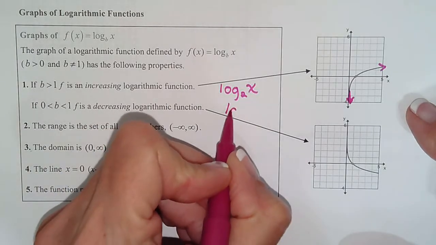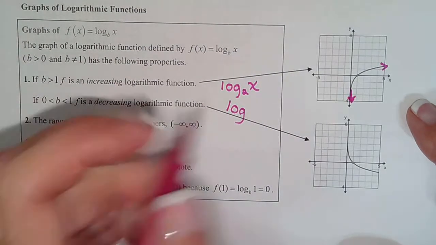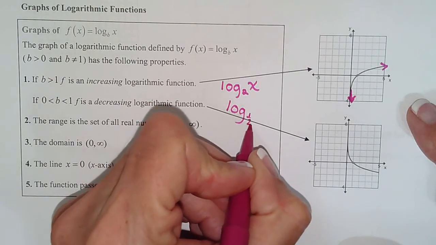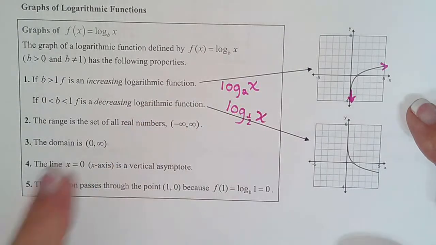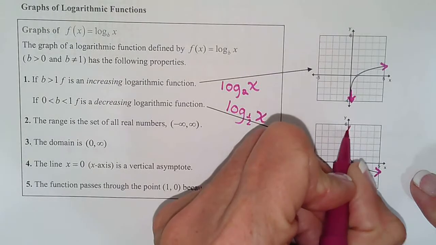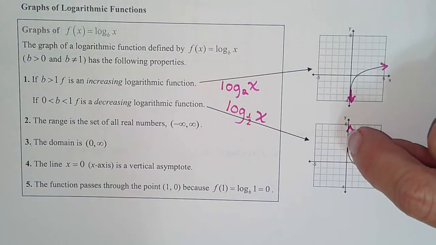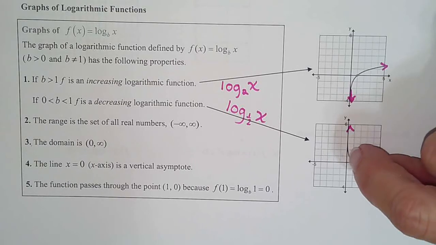Silly me. Okay, so if the base is between 0 and 1, let's say it's a half, then the function is decreasing. Again, we have arrows on both ends, so it looks like it disappears into the y-axis, but it actually slides right along.